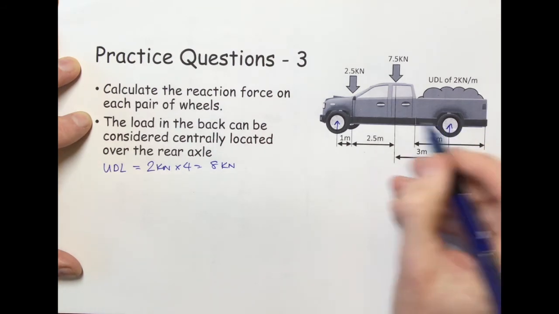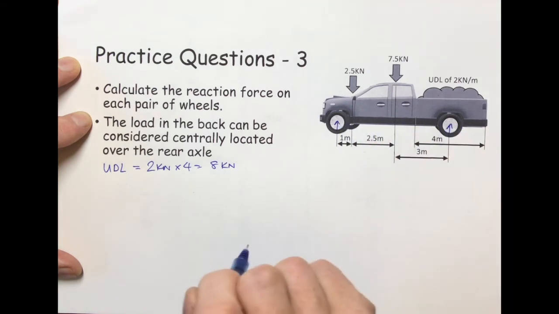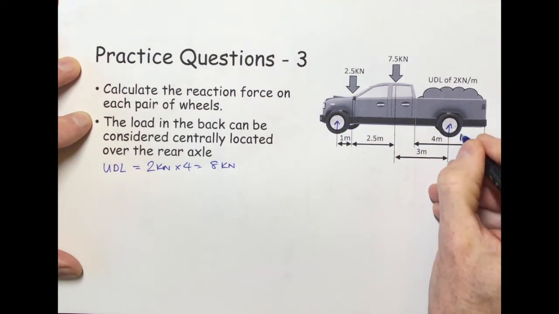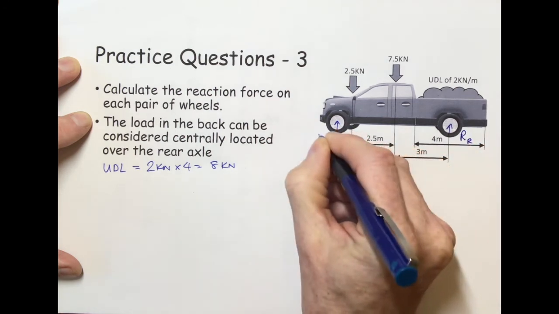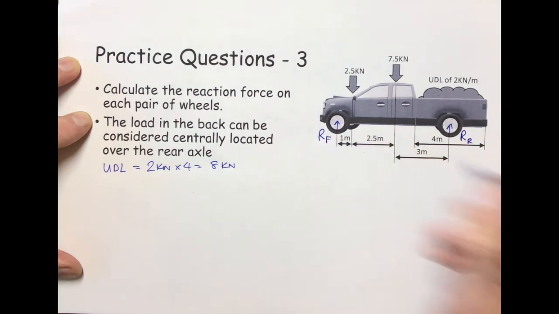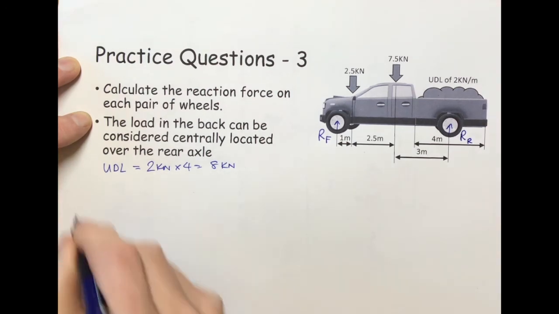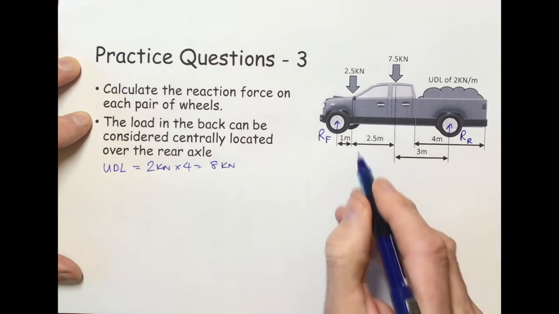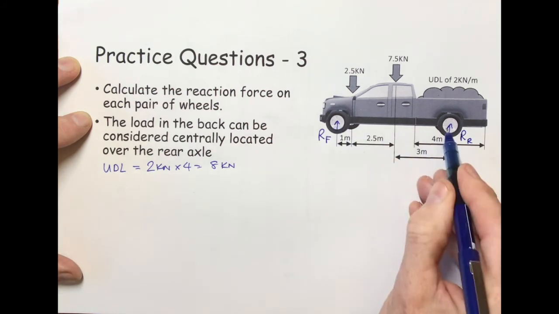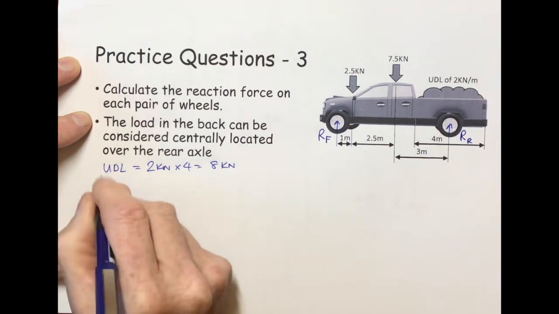And we want to find the reaction force at each end. We'll call this reaction force rear, and then we'll call this reaction force front. So we make a statement to say what we're going to be doing. We'll say taking moments about RF to find RR.